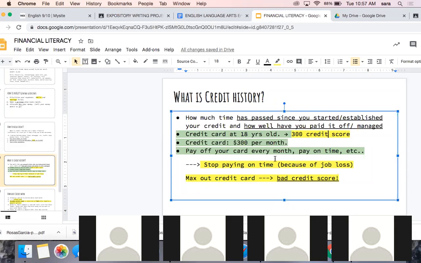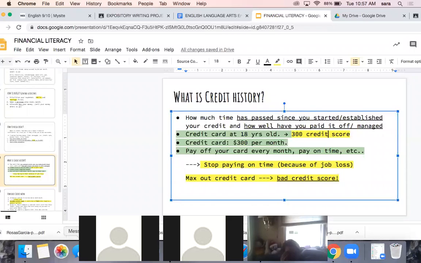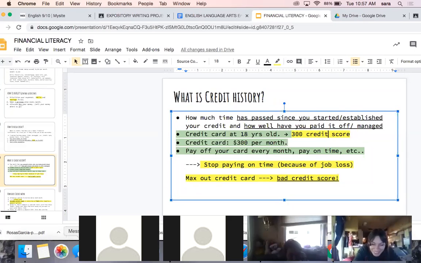You're not going to get your car. They're going to tell you that you're an unreliable borrower, and they can't really let you borrow because you haven't shown any history of being able to pay back. If you have no job, you're not going to get your car, right? The dealer won't even let you have it.